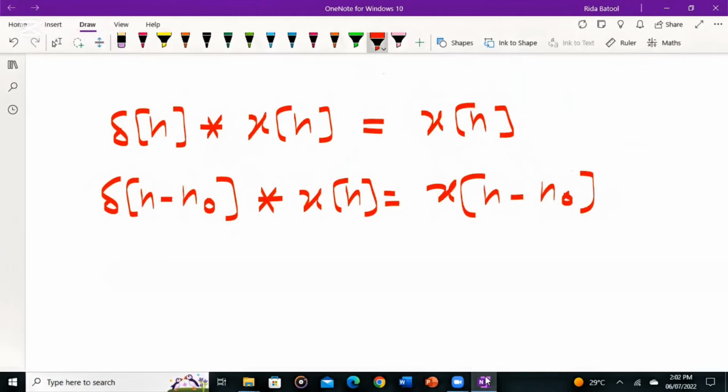Similarly, you can use a scaling factor as well. Let's write a. For example, a is the scaling factor. A is the amplitude. So that a will come here.